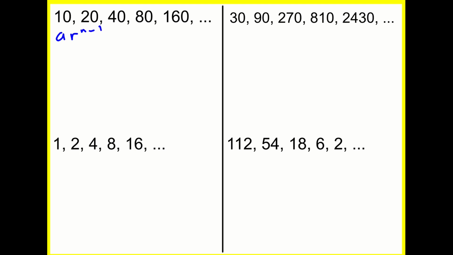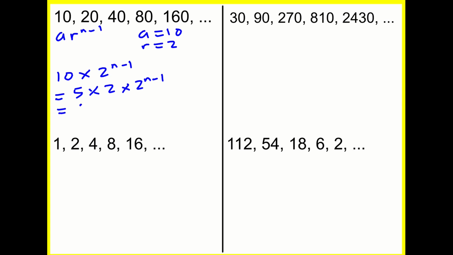So I've got that a is 10, and then r is equal to 2. So it's going to be 10 times 2 to the n minus 1. I could, however, simplify that to 5 times 2 times 2 to the n minus 1, and it's going to become 5 times 2 to the n. A bit simpler.